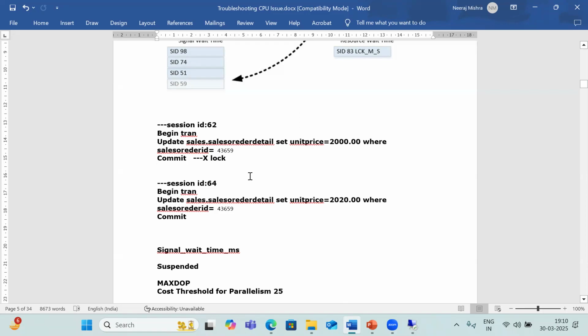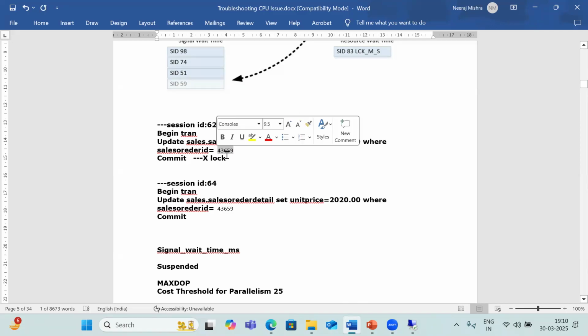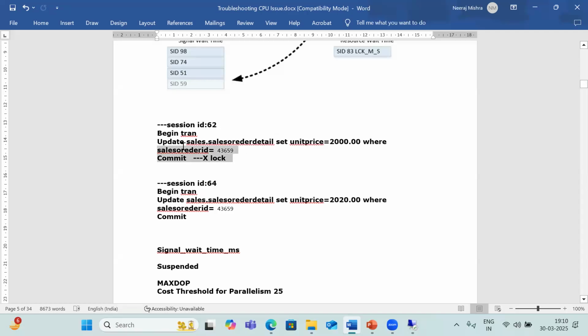What my objective is here, what is my database resource? Say, for example, in this case, there are 50 rows which are qualifying for sales order ID 43659, right? So these 50 rows will be exclusively locked, or just talk about 500 rows.